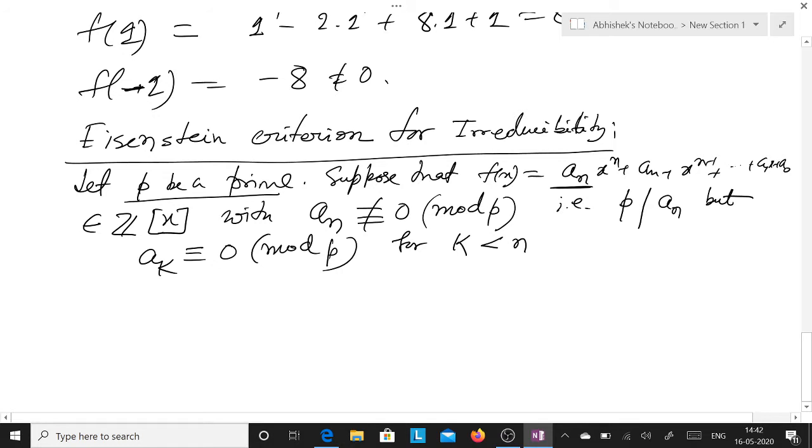That is, p divides all other coefficients starting from a_(n-1), a_(n-2), ..., a_1, a_0. These are all divisible by p. And the last condition is the a_0, that is the constant coefficient, will never be congruent to 0 but modulo p square.